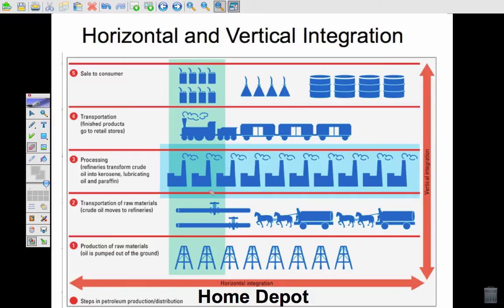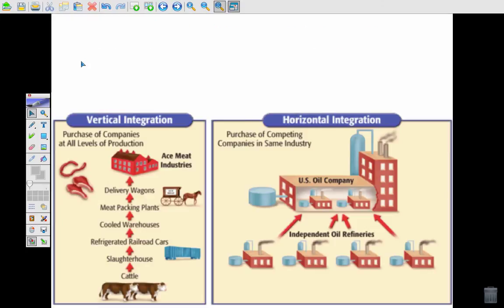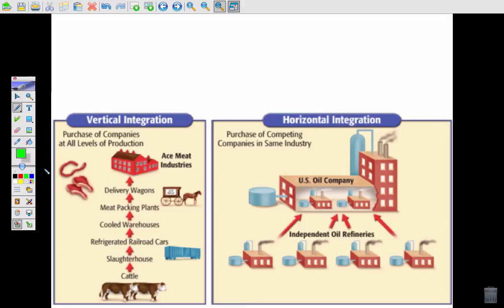So let's take a look at some other pictures so that we can go through this again. All right, here we go. So I'm going to erase these real quick here. Make sure this is all erased. Highlight this real quick. Delete that, and let's move on to the next slide.